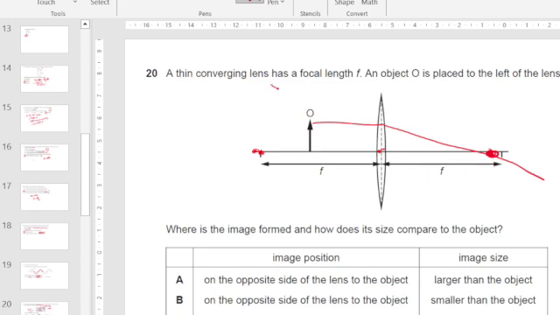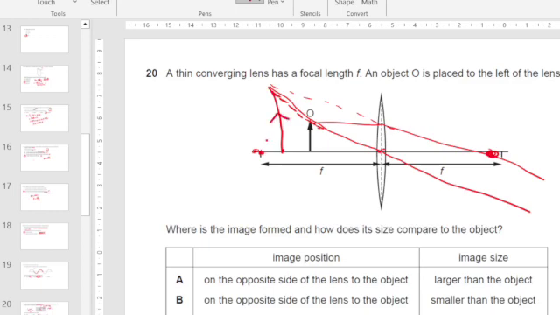So if you're retracing this line, and also a ray that passes through the optical center remains undeviated, it just passes straight. And this should be a dashed line. This is not the original one. The dashed line should be there. And hence this is your image.